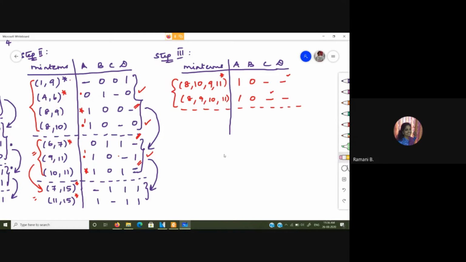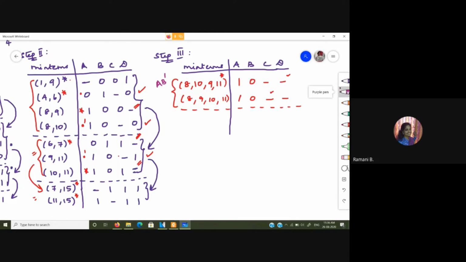So now let us write down the minterms. This particular thing corresponds to A, B bar. Wherever we have the dash, it is considered as don't care. So here A is equal to 1 and B is equal to 0, so this one corresponds to minterm A, B bar. And wherever I have marked the star near the minterms, I will write those terms also.